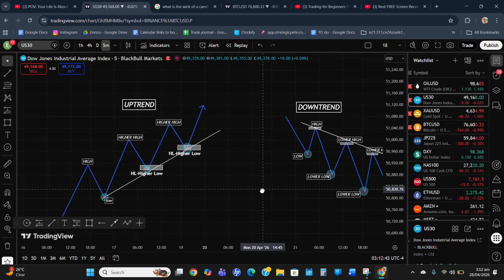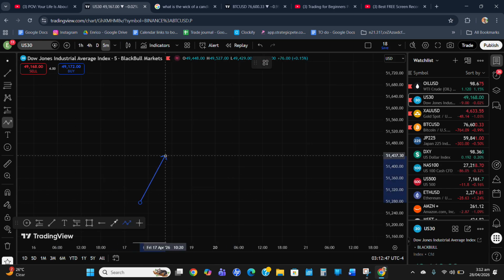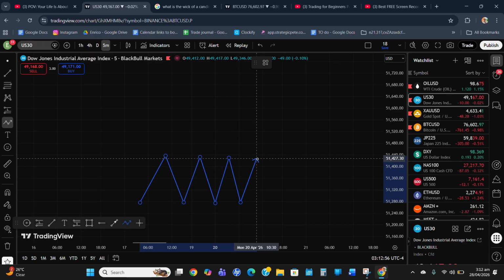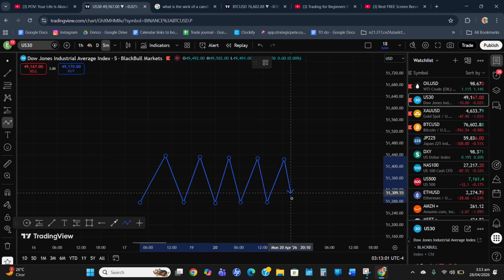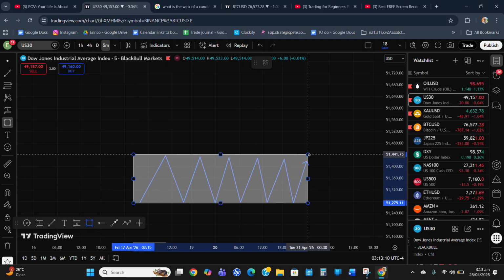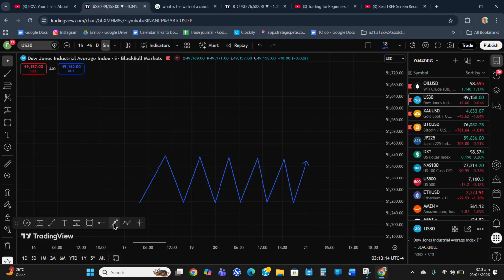We also have what we call consolidation markets. We call these consolidation markets, or sideways markets, which means we're neither going up in one set direction, but we're also not really going down. These markets are also temporary. Actually, let's just use lines in this case.